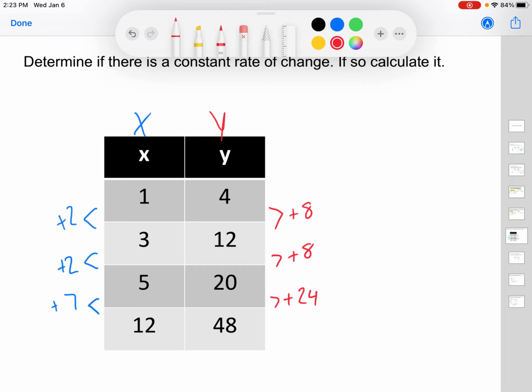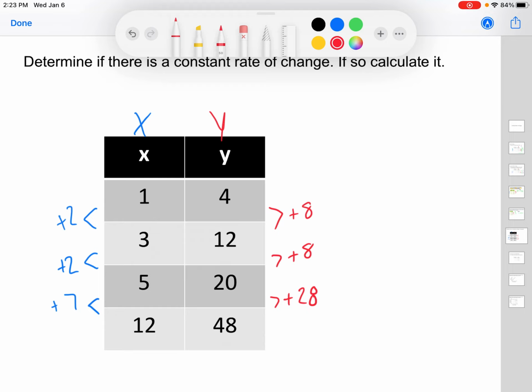Okay. Did I mess this up? Yep, because I can't add. Plus 28.